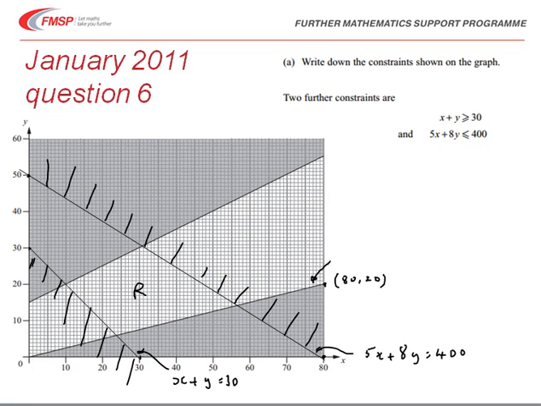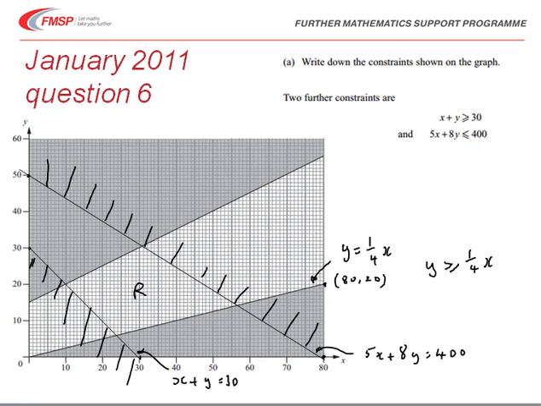So it has a gradient of 20 divided by 80, or 1/4. Therefore, this is the line y is equal to 1/4 x. So the constraint is y is greater than or equal to 1/4 x.